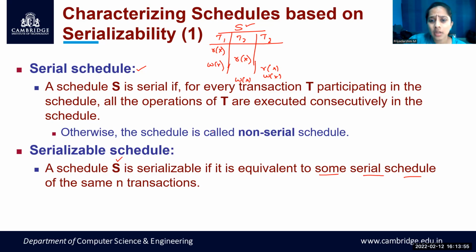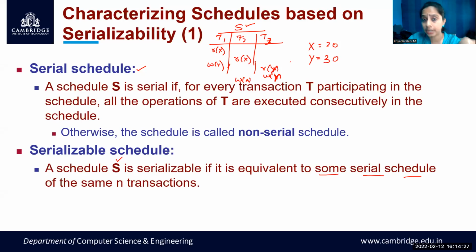Did you understand? Now once again I'll repeat. Say transaction 2 and transaction 3 are working on the Y object, and transaction 1 and 2 are working on the X object. Once you complete this schedule, I will get one value of X and Y. Say I get X equal to 20 and Y equal to 30.